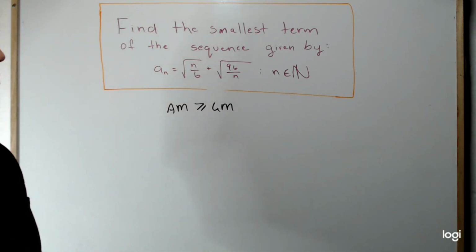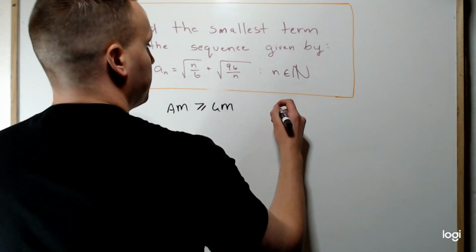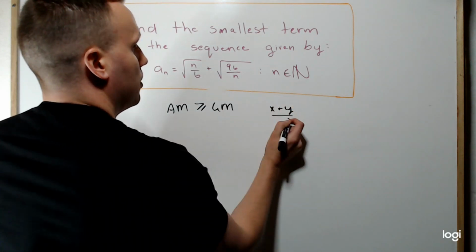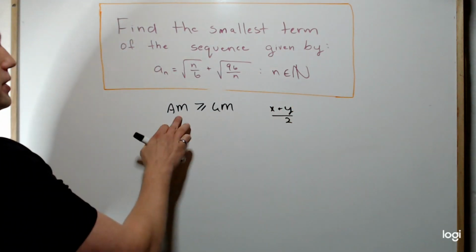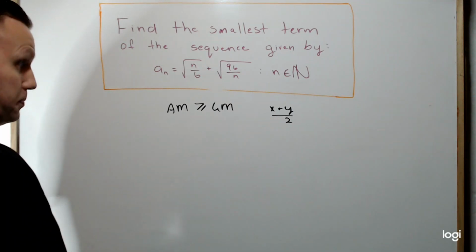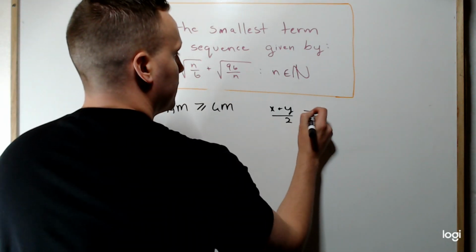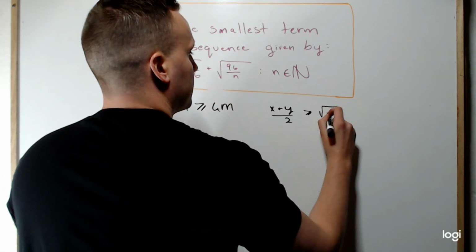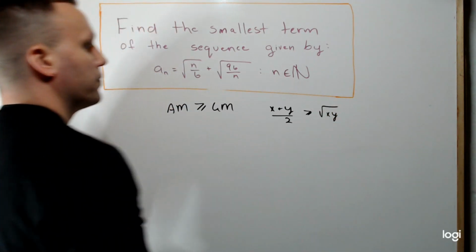So what that would mean is that x plus y over 2, which is the arithmetic mean of two non-negative real numbers, is always greater than or equal to the geometric mean, which is the square root of their product, the square root of xy.